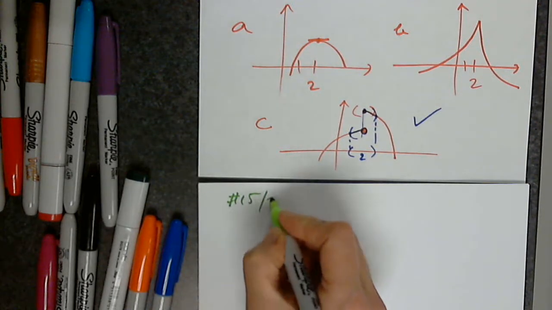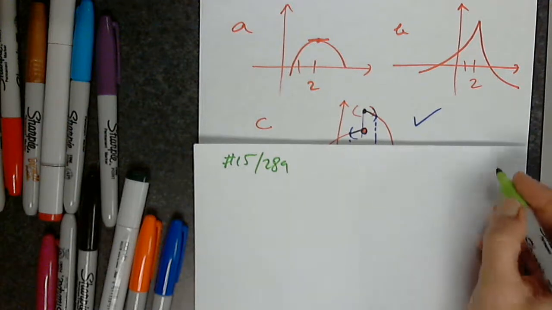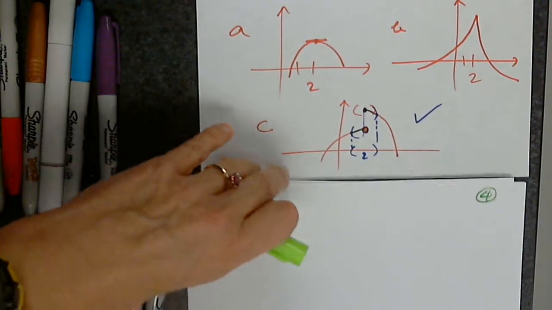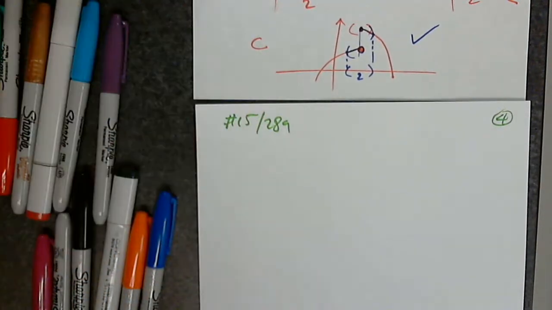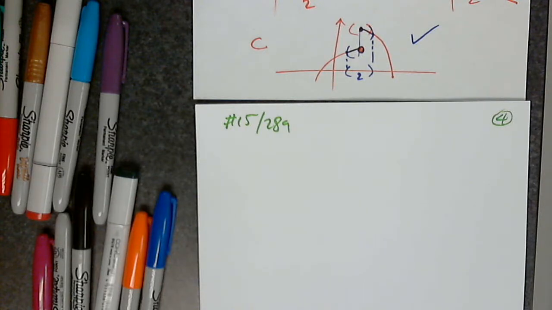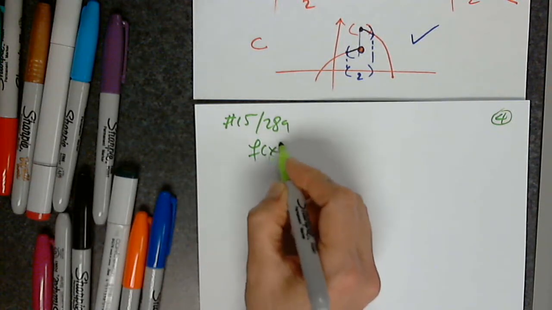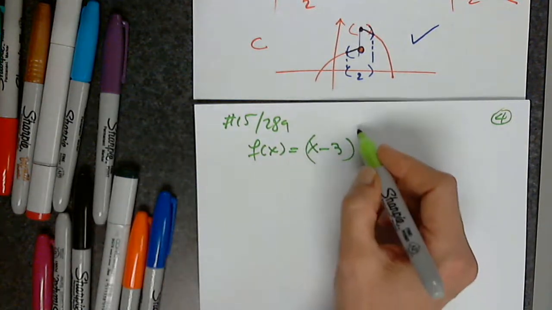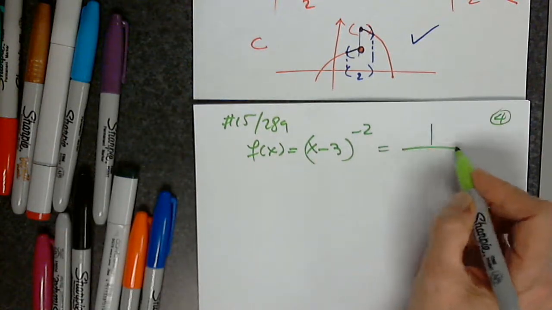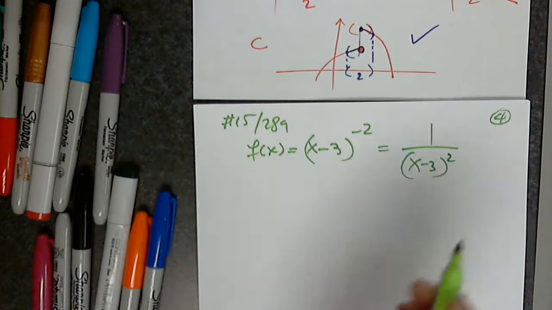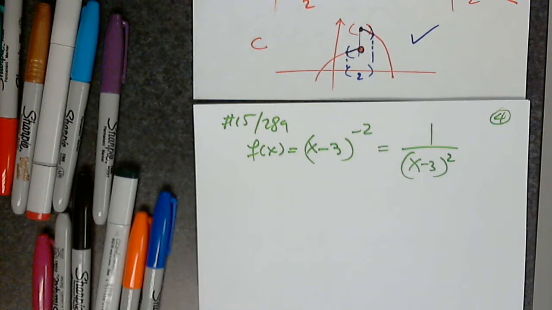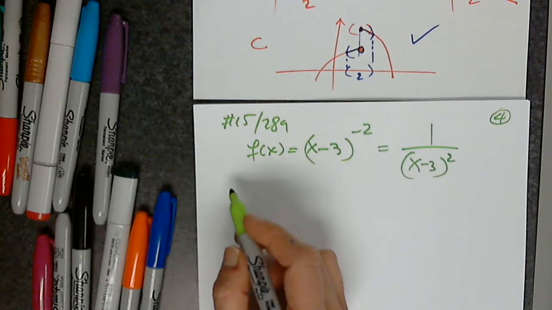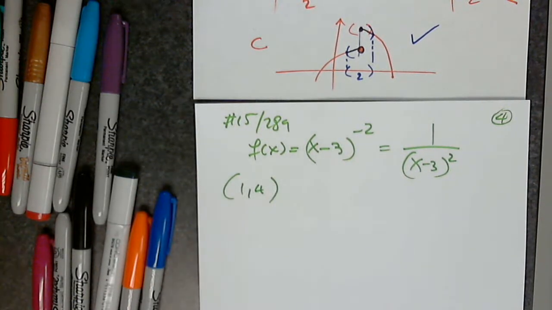15 on 289. Very good. Let f of x be x minus 3 raised to negative 2, which is the same as this one, in case I need one or the other. Show that there is no value of c in the interval 1, 4. We had an example together.